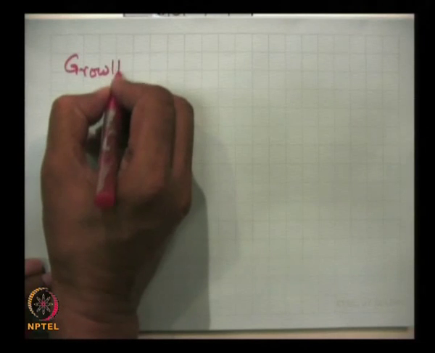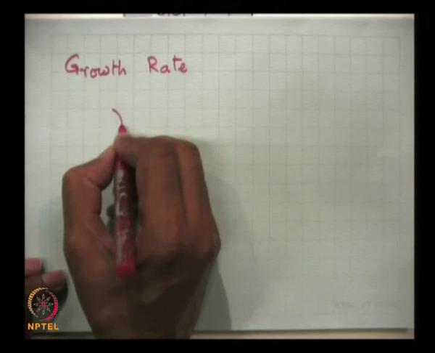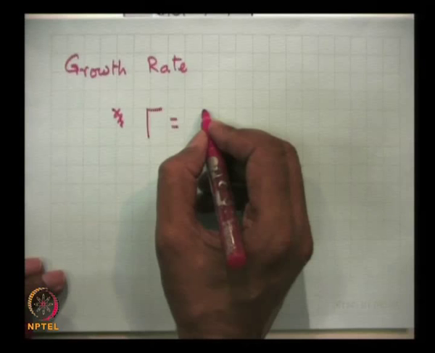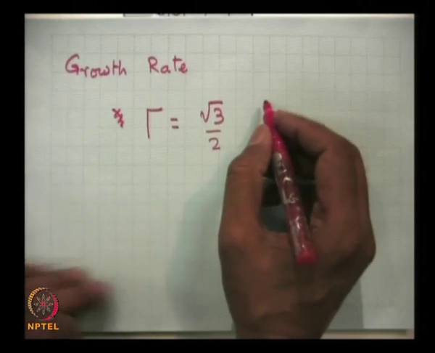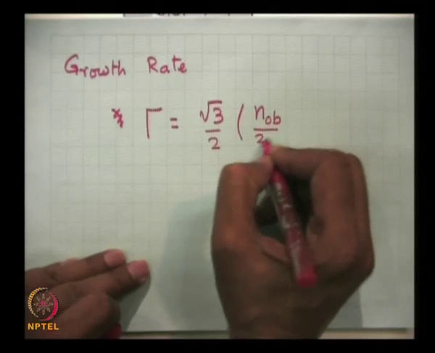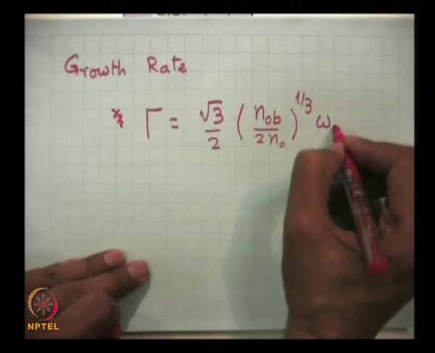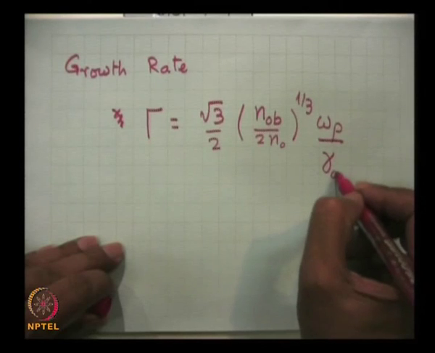So the growth rate gamma is equal to root 3 by 2, and if I write in terms of beam density upon plasma density, then this is 1/3 into omega p, the plasma frequency of the plasma electrons, and gamma 0 of the beam comes in there.